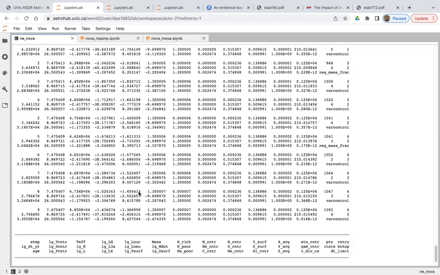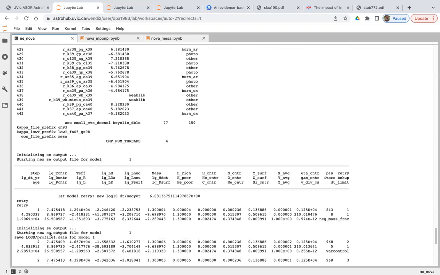Also, at the start, you can see here it says initializing SE output, starting a new SE output file for model, this one. So SE output, these are exactly the output files for following multi-zone nuclear post-processing.